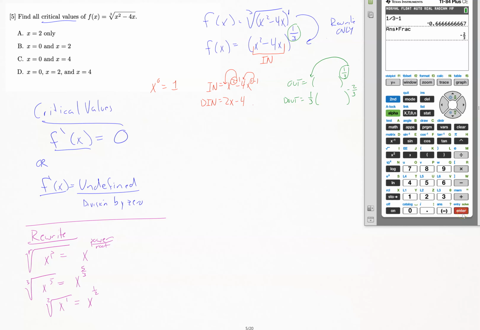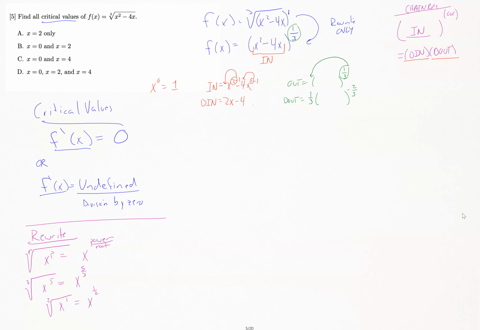And then it's going to tell me that it's negative 2/3. That's really more helpful when I'm going through a problem like this. So I know that I'm looking at a 1/3 raised to the negative 2/3, and what stays inside those parentheses is just the same stuff that started in there, an x squared minus 4x. We already took that derivative as a part of our d in.